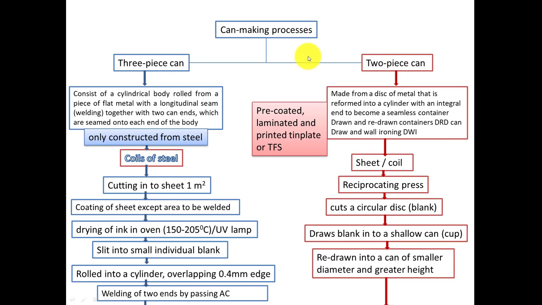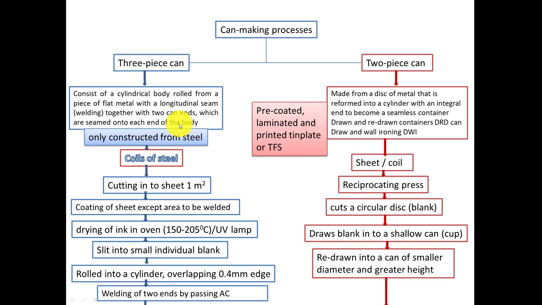So what is the difference between the two? Let's learn. The three-piece can consists of a cylindrical body rolled from a piece of flat metal with a longitudinal seam. Generally, it is welded together, with two can ends which are seamed onto each end of the body. What does it mean actually?